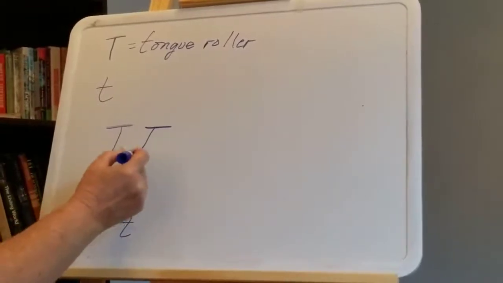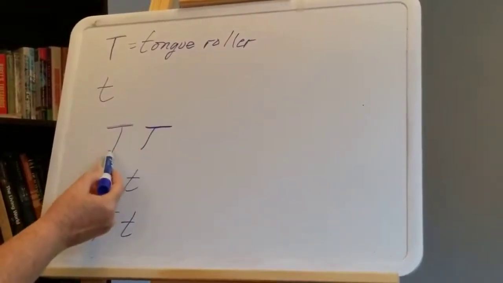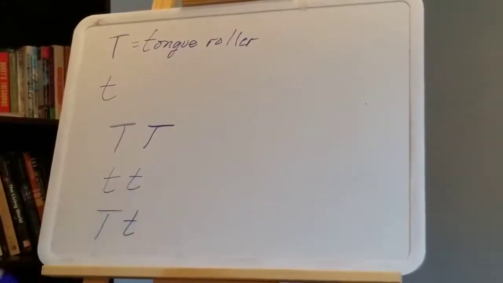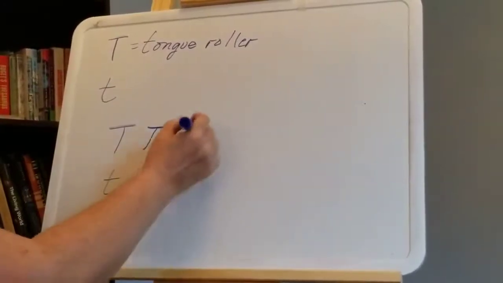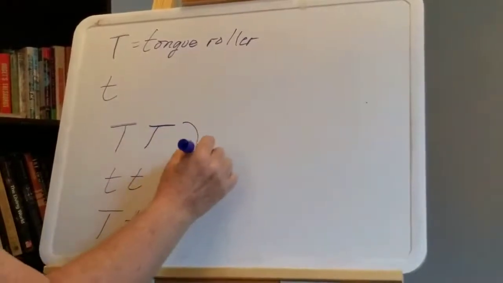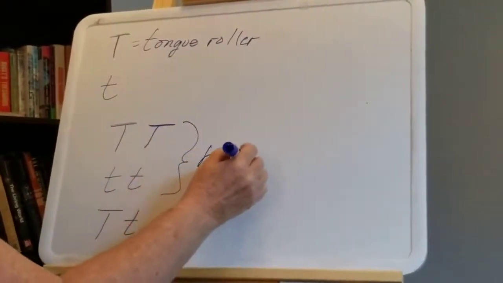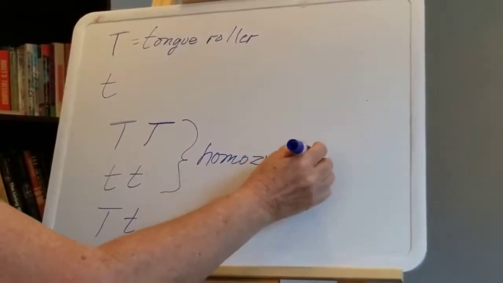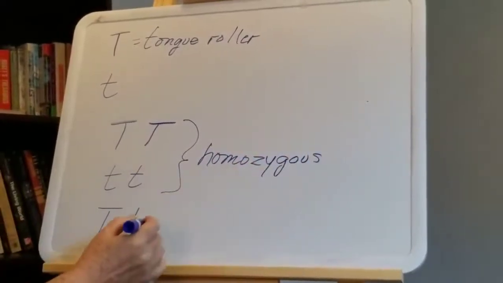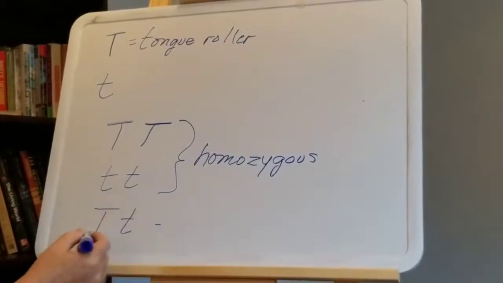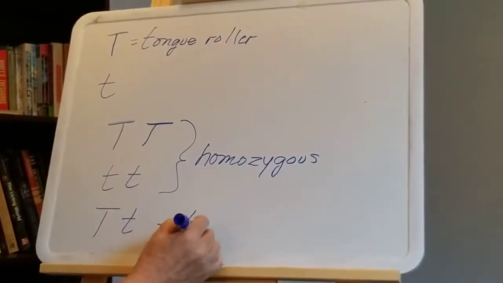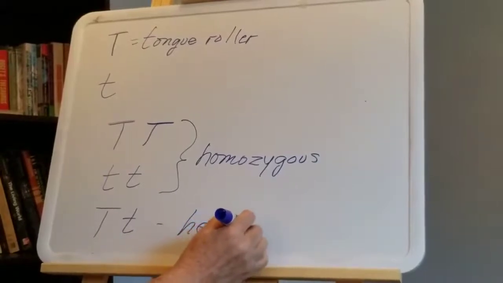If the two letters are the same in terms of both capital or both lowercase, then that is referred to as homozygous. They're the same. Homo means the same. If they are different, one capital, one lowercase, then it is known as heterozygous.